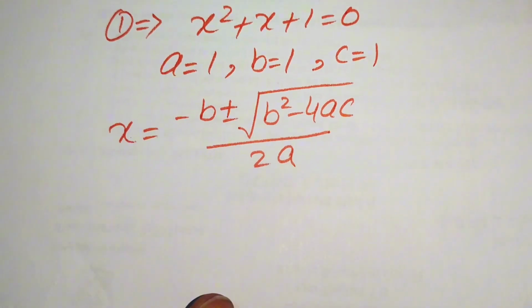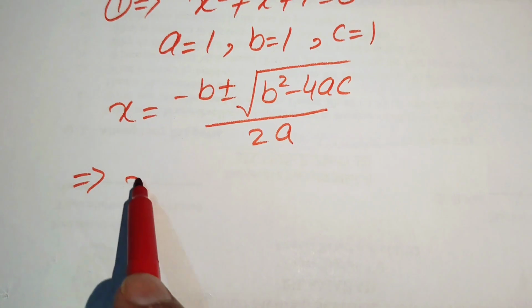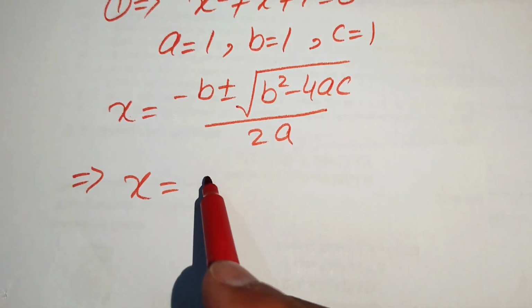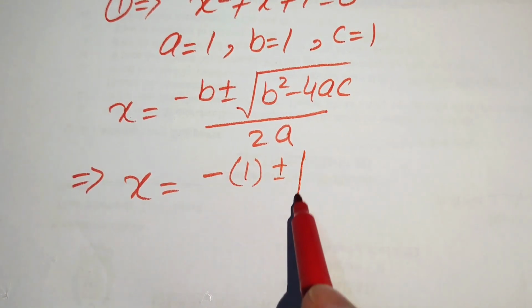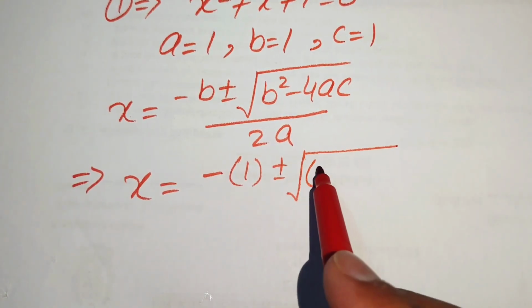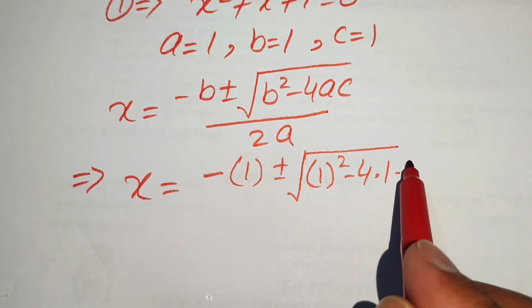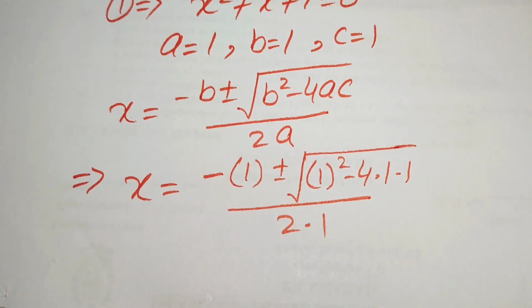This is our nice quadratic formula, and now we substitute the values of a, b, and c in this formula. So x equals minus b, the value of b is 1, plus minus square root of 1^2 minus 4 times 1 times 1, divided by 2 times 1.